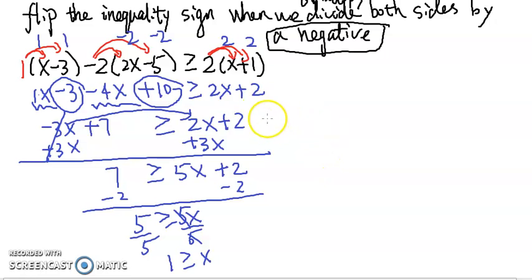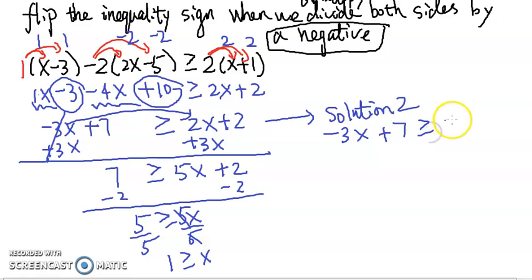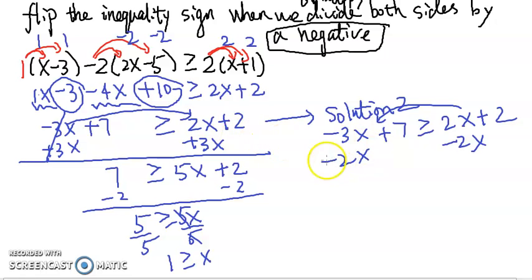Notice right here, there is another solution. Instead of adding 3x to both sides, another option is to subtract 2x from both sides, to move that 2x to the left instead of moving that negative 3x to the right.